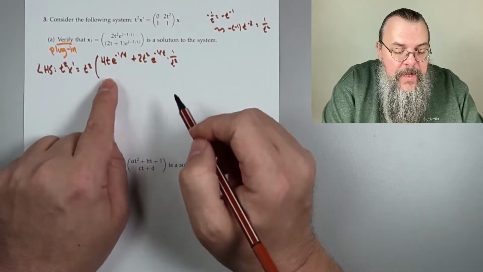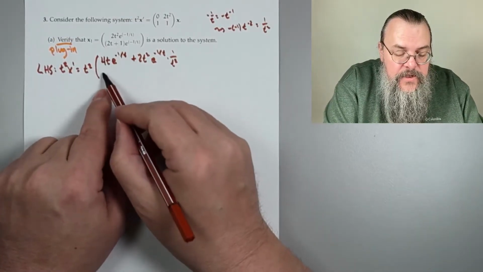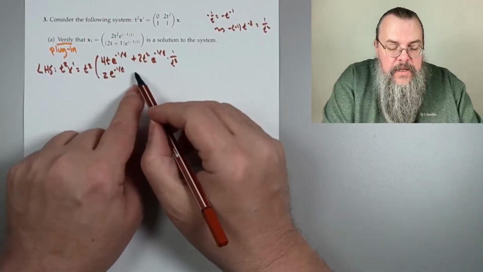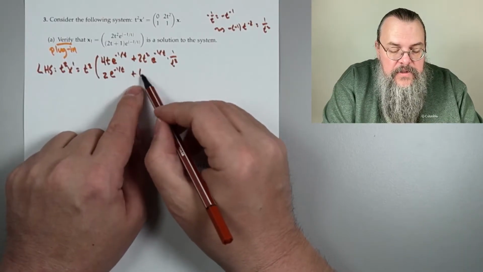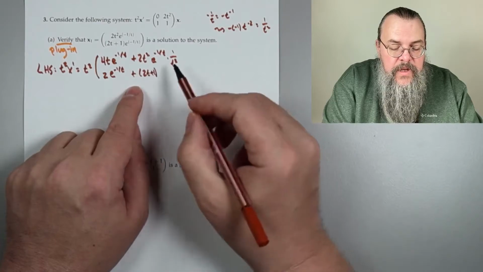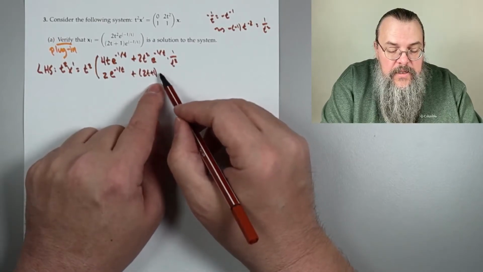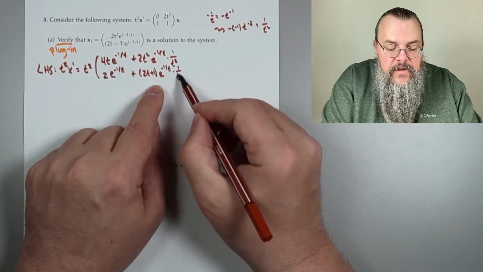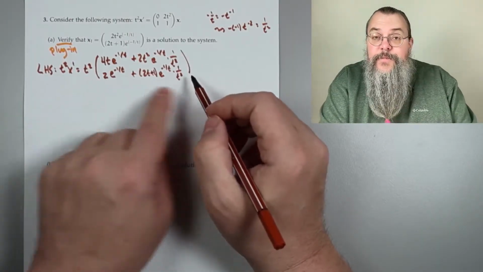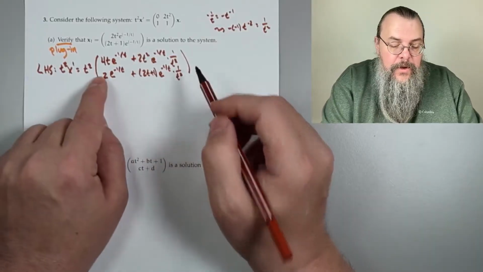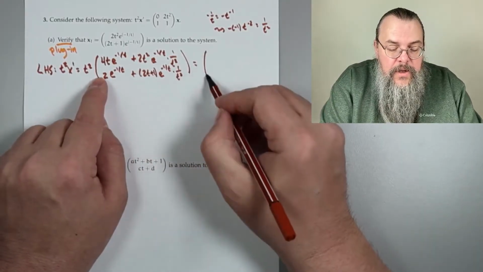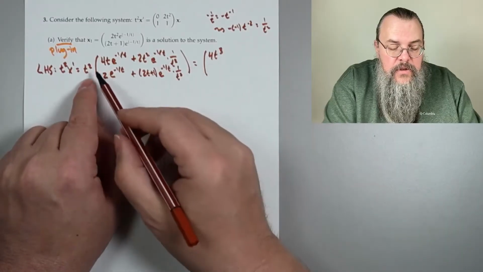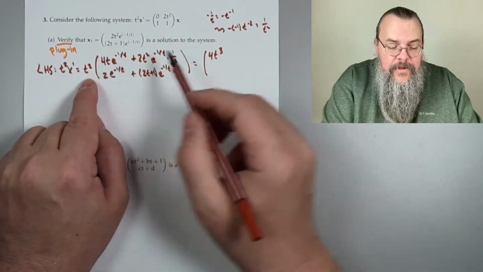Downstairs, derivative of the first is 2 e to the minus 1 over t, and then plus the first, 2t plus 1, times, again, the derivative of e to the minus 1 over t, which is e to the minus 1 over t times 1 over t squared. Okay, let's multiply the t squareds in. What do we end up with? Here we'll have 4t cubed, because t squared times 4t.